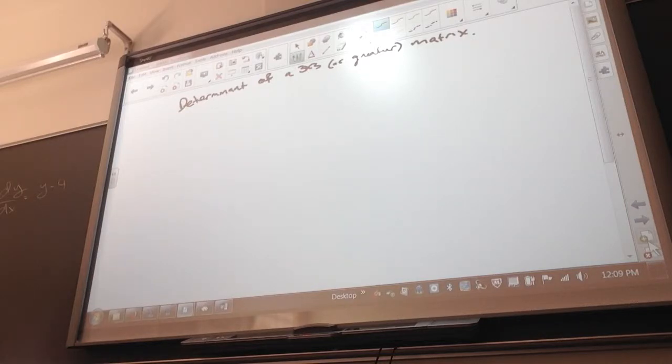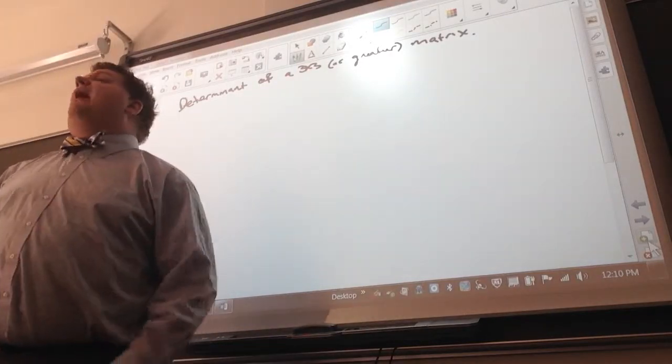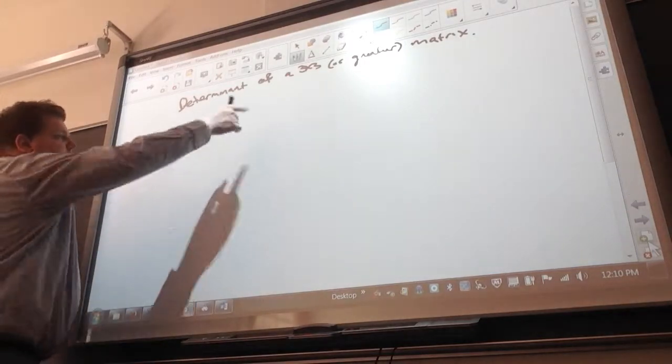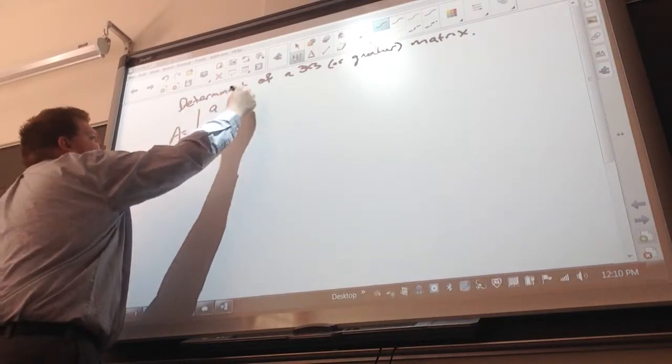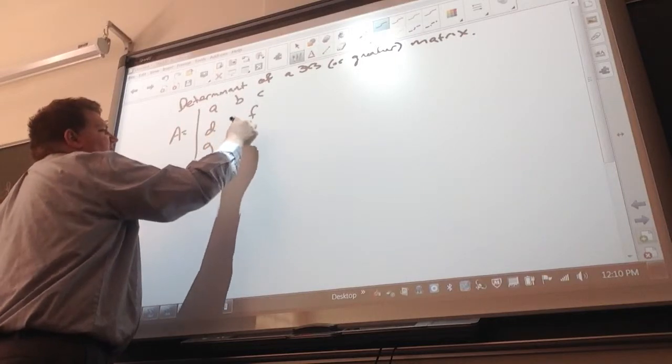Now remember, matrix augmentation just means that I'm going to write extra information that's not part of the matrix, but that will help me to solve it. So our 3 by 3 matrix, let's make matrix A equal to A, B, C, D, E, F, G, H, I.